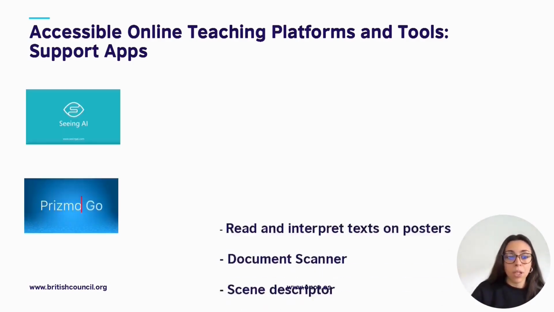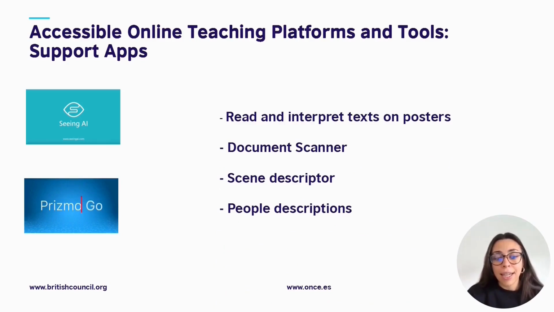For example, we have Seeing AI and Prismo, that are both apps where we can read and interpret text on posters, documents, scanners, scene descriptions, or people descriptions. Sometimes they are useful to read documents, describe spaces, or describe images.